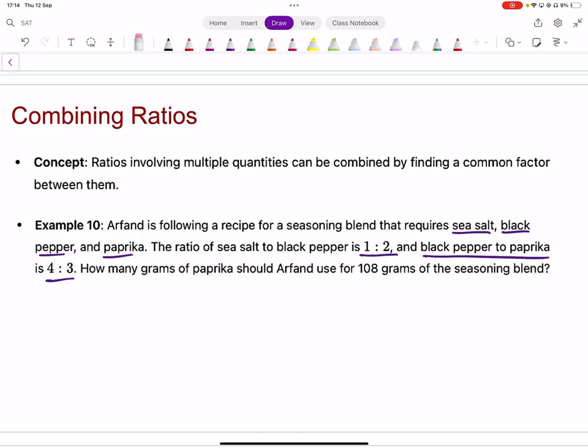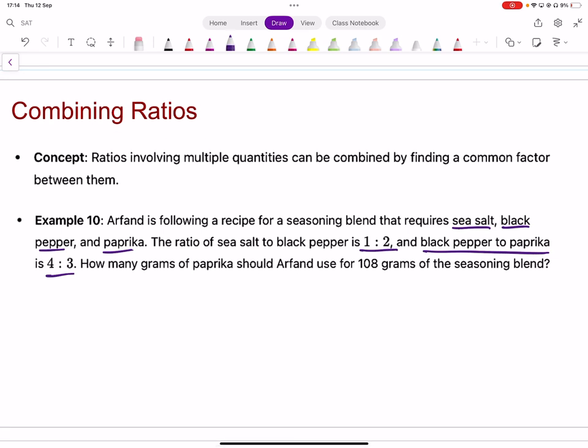How do we think of this? Now you have 3 quantities, you have ratios given between the first 2 and the last 2. How do you connect those ratios? Sea salt, then you have black pepper, and paprika.